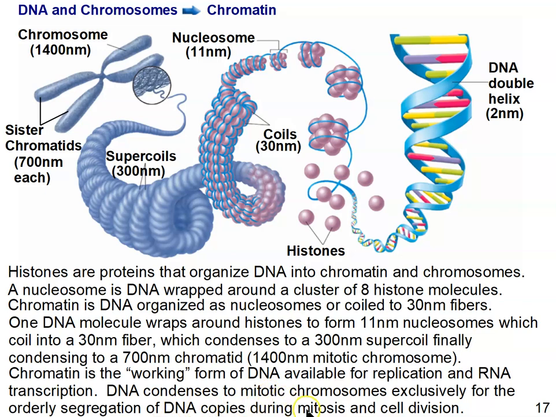And so that process is the process of mitosis and cell division. And just to ease your mind a little bit, you don't need to know all of these different nanometer sizes of the chromatin and the chromosomes. Really, all you need to know is that the DNA wraps around histones to form nucleosomes, and that the nucleosomes then pack into chromatin, and the chromatin then coils and condenses into chromosomes.